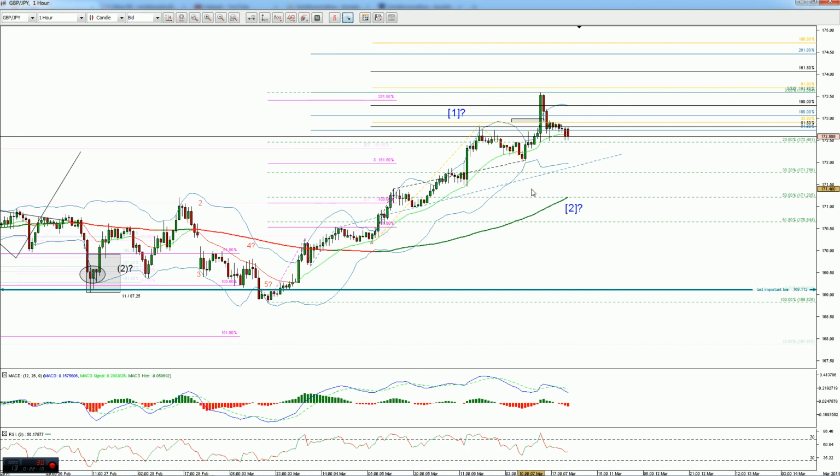So it means that from this 1 and 2, we have a 3 completed and a 4th wave started. And after this wave is completed, we will have the final 5th wave of this internal third wave, in my opinion.